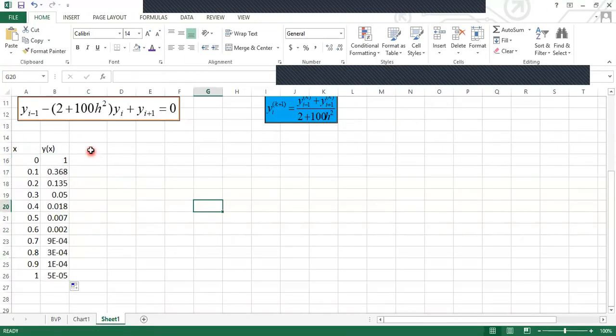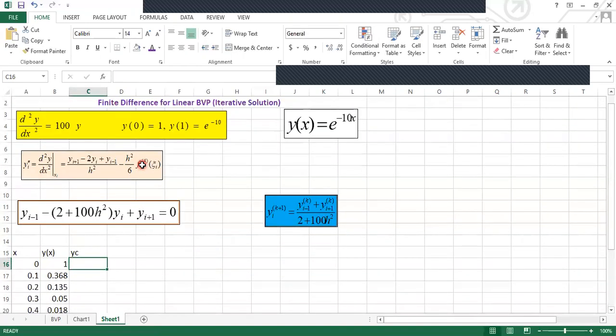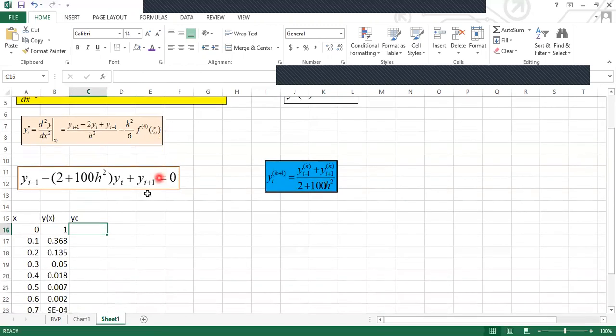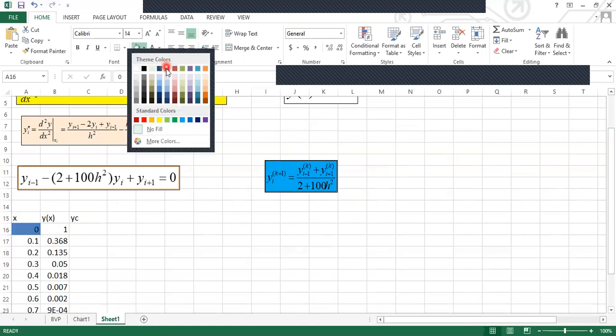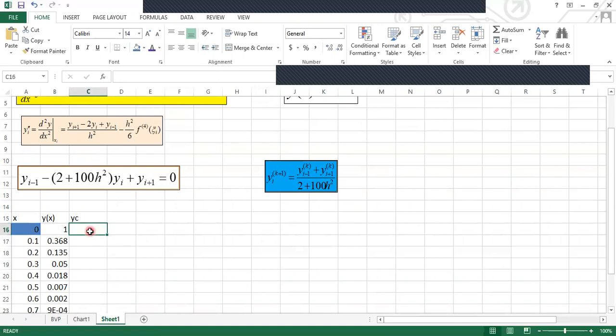Now let's go for the numerical approximation. So I call it y computed. For this solution, we have the boundary values available: y of 0 equal to 1, so this value is available equal to 1.